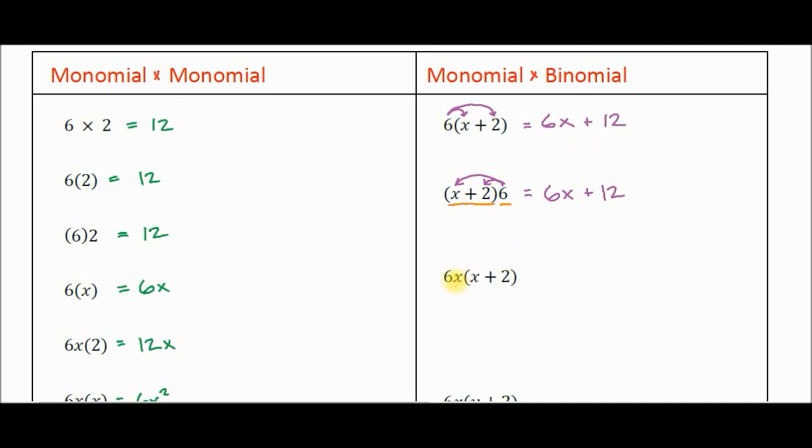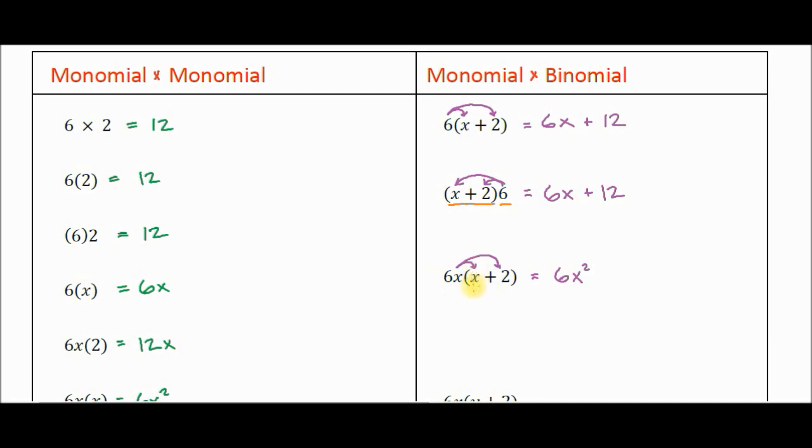How about this one? 6x times quantity x plus 2. Distributive property: the 6x is multiplied times the x, and the 6x is multiplied times the 2. 6x times x is 6x squared. Remember, the 6 does not get multiplied by anything because there's not a coefficient over here. Well, actually there is.